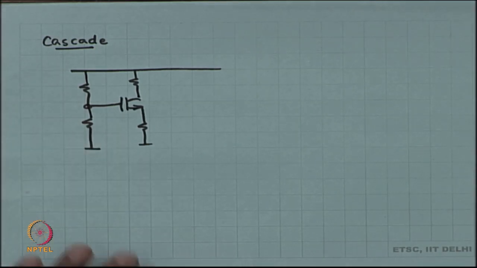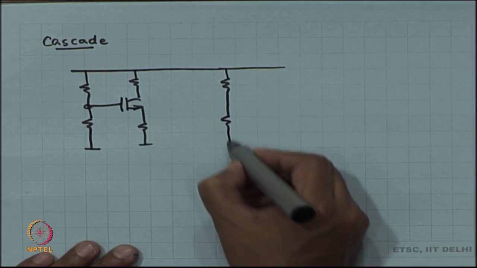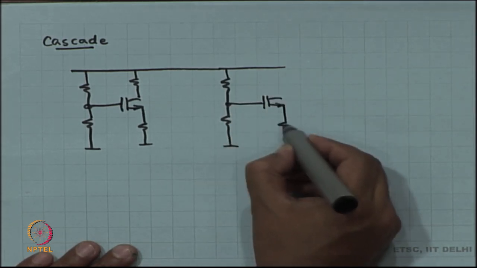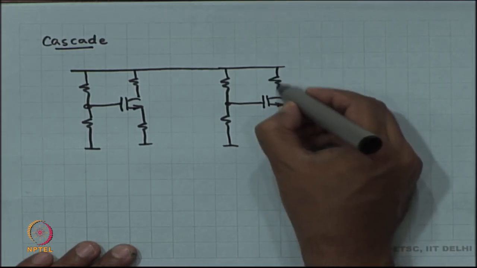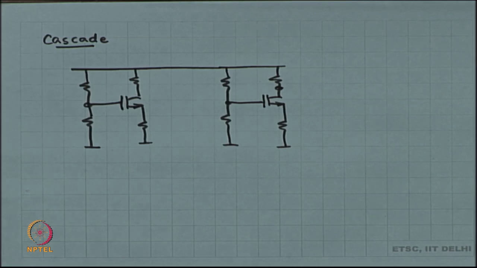So, this is your bias circuit, you use the same bias circuit for the other one. Right, and then couple the signals in and out.